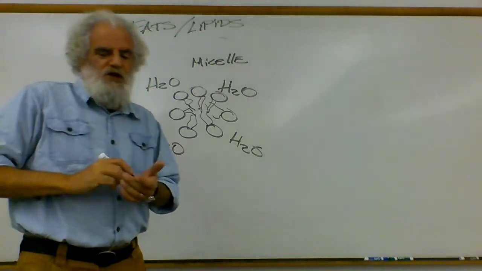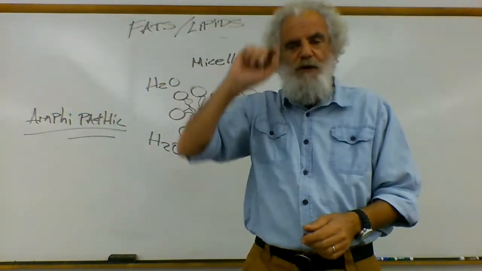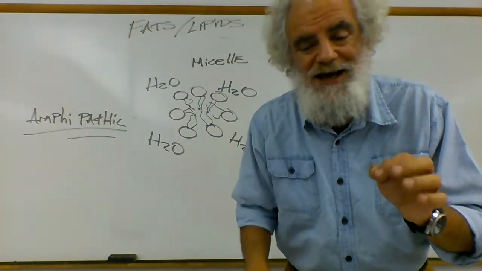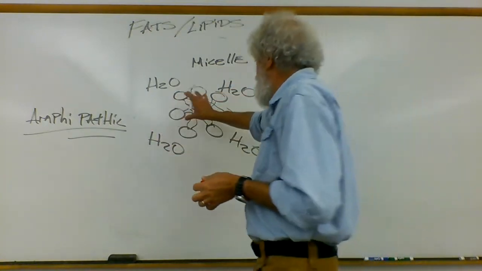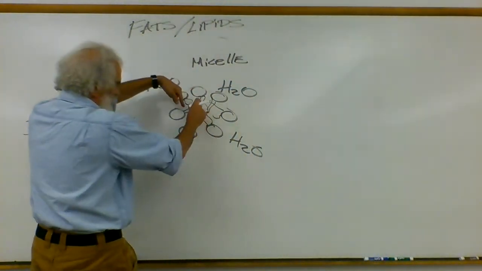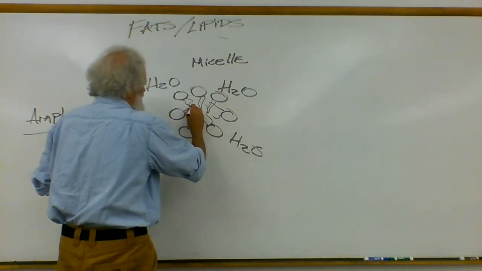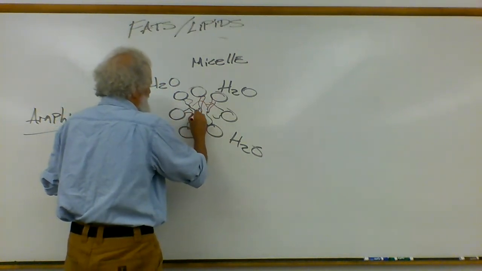Because you can take egg yolk, whisk it up, and then begin drizzling in a little bit of oil. And the oil can get trapped in this fatty acid tail. So here's the oil getting caught.